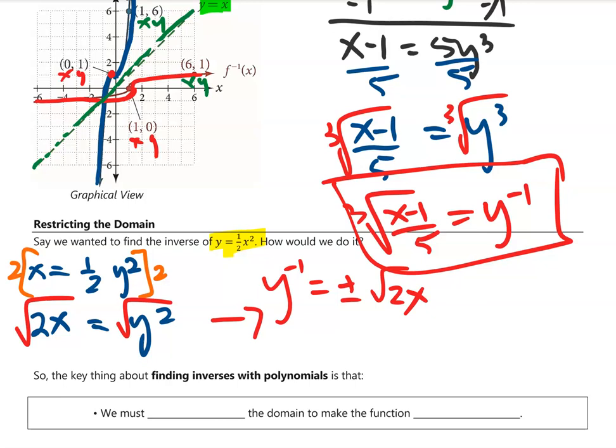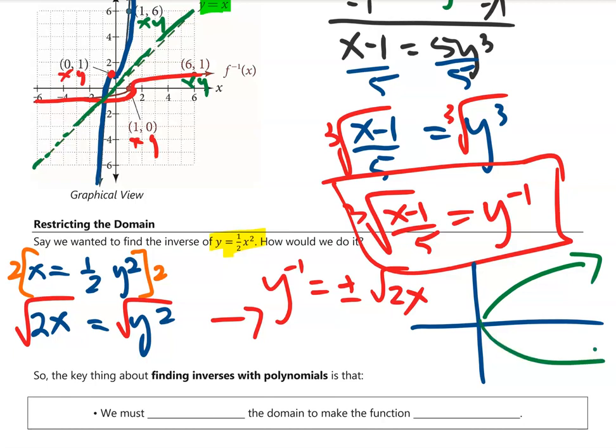Okay, and if we graph this, think about square root of 2x is this graph. Negative square root of 2x is this part here. Okay, so again, this is the inverse of y equals 1/2 x squared.